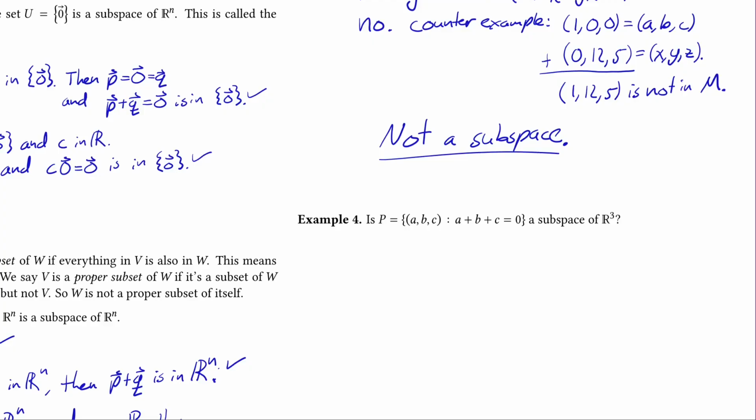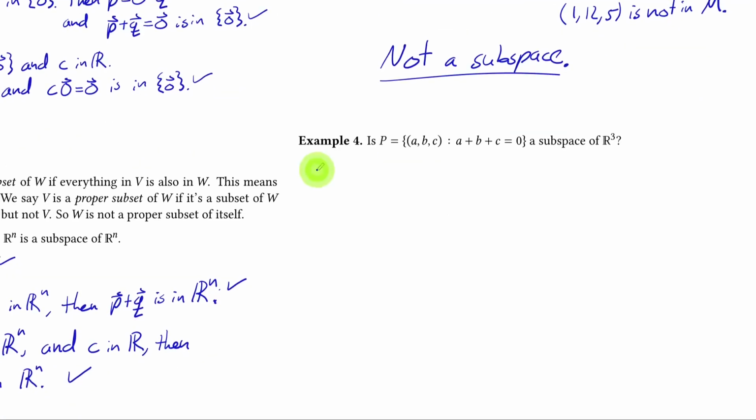Maybe make a guess at whether you think it's a subspace or not. But let's see. Let's check here. So first of all, is 0 in this? Yes. Okay, so it meets condition 1. Does it meet condition 2?